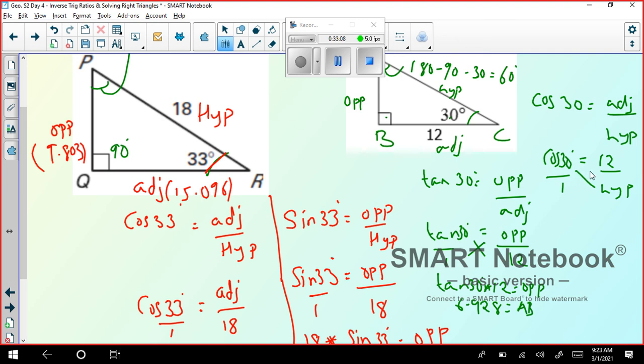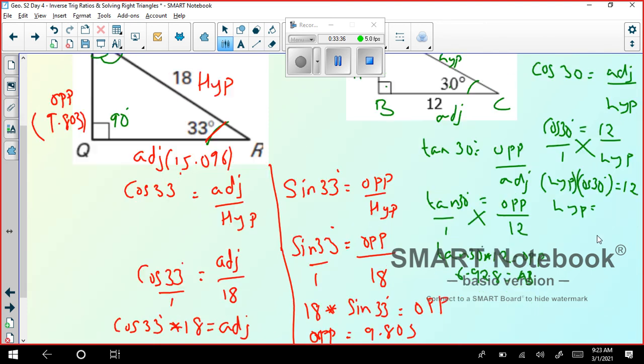So once again cross multiply this. You will get hypotenuse times cos 30. Okay, these are two different terms, cos 30 and hypotenuse, equals 12. I am interested in hypotenuse, so divide by cos 30 on both sides. So I'll get hypotenuse equals 12 divided by cos 30 degrees.